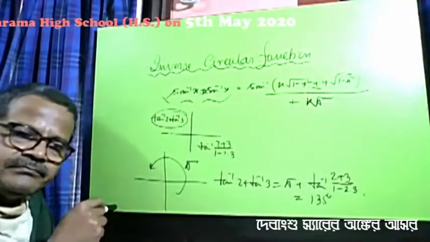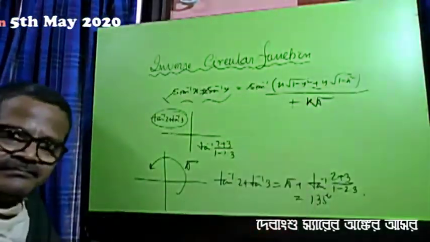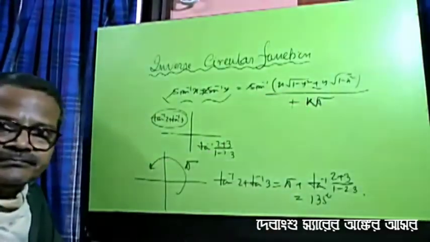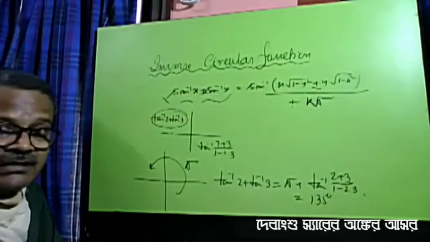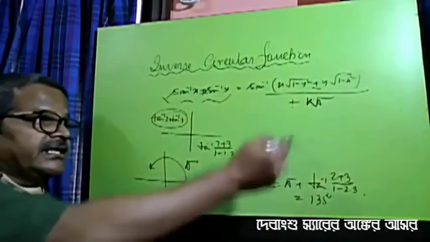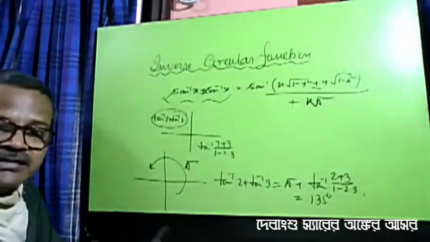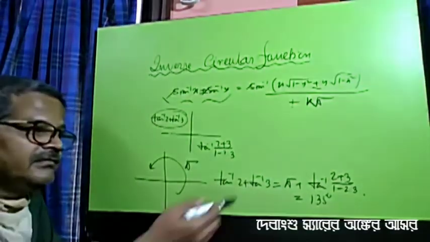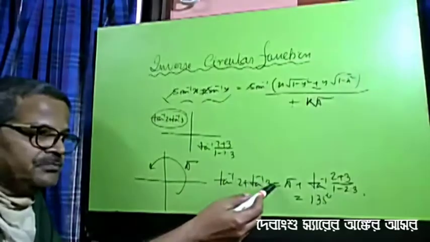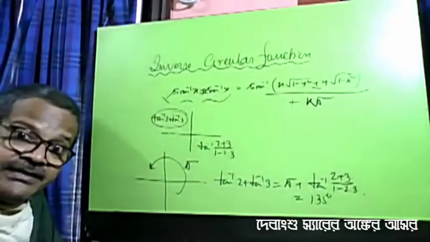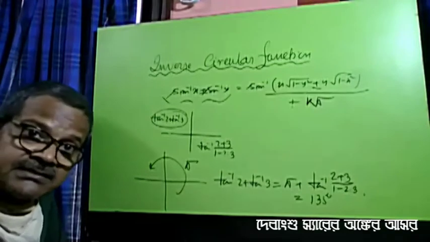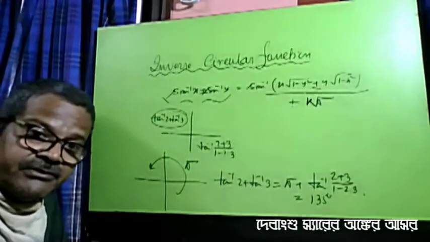Just add pi. So this adjustment is included there. Unless you make this adjustment, your answer will be wrong. The sum of two positive angles will come out negative.